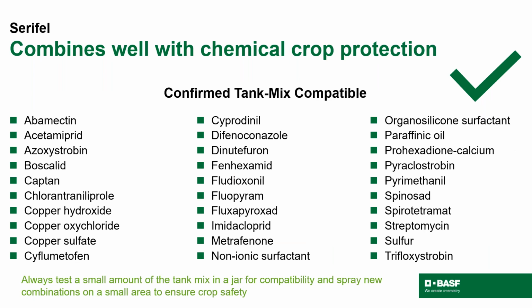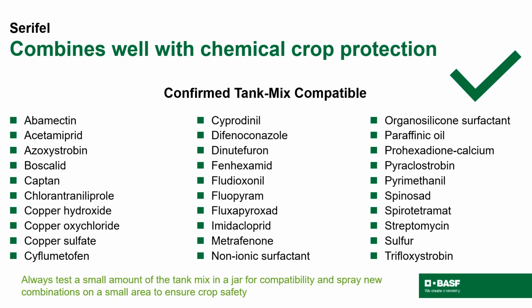So here is a list of all tank mixes we have confirmed to be compatible with Serifel. As in, they will not kill the spores when you mix them together in a spray tank. However, not all of these will necessarily give Serifel the boost you saw in the previous slide. That boost seemed to occur most often with group 7 chemistries, with products such as Cantus and Pristine. But for all of these products, there were no issues with tank mixing.